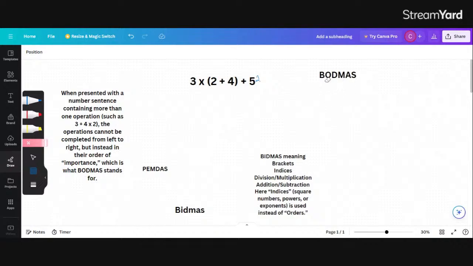And when we come to BIDMAS, B is for brackets, I for indices, D for division, M for multiplication, A for addition, and S for subtraction.